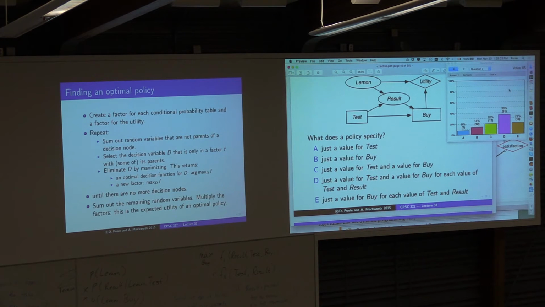The answer here is D. It's going to specify both whether we should test and a function of buy from test and results. It's going to tell you a value for test and a value for buy for each value of test and result. C is not right. We're actually going to say buy if the result is good, and don't buy if the result is bad.